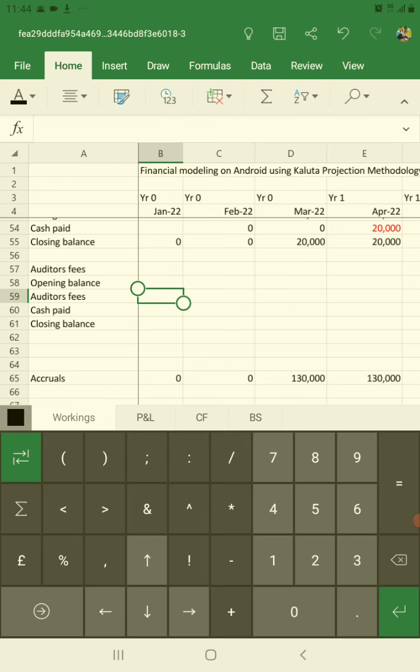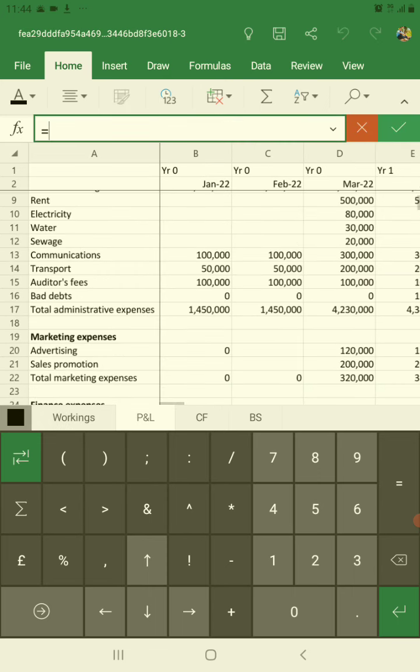Again, auditor's fee component, we pick it from profit and loss account. So I put an equal sign, go to profit and loss, and then in January, auditor's component here, we did provisioning for 100,000 shillings each month.